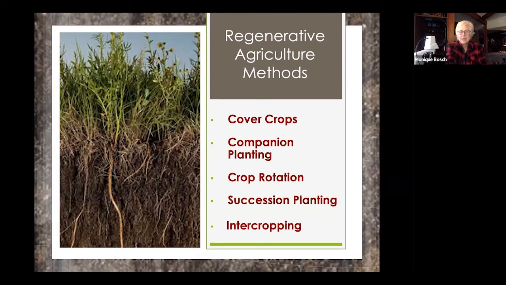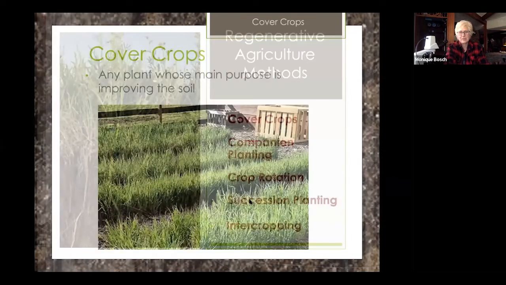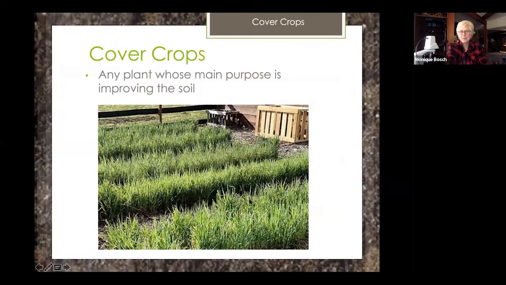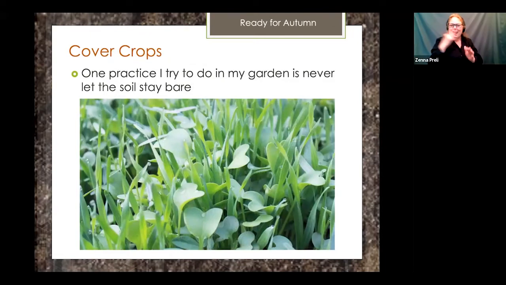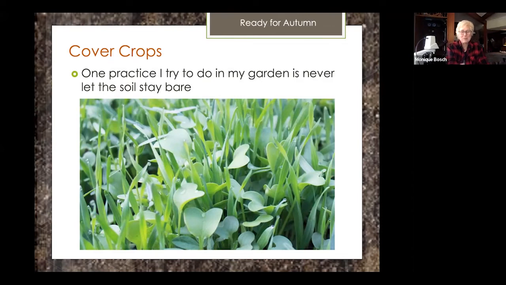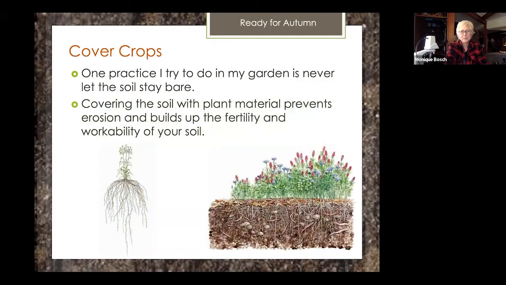Okay. So anyway, regenerative ag methods. These are all things that really help with the life in the soil. So cover crops, we talked about a little bit. One of my favorites is to grow oats and rye and peas, and I'll harvest the pea shoots and eat them while the others are filling in.